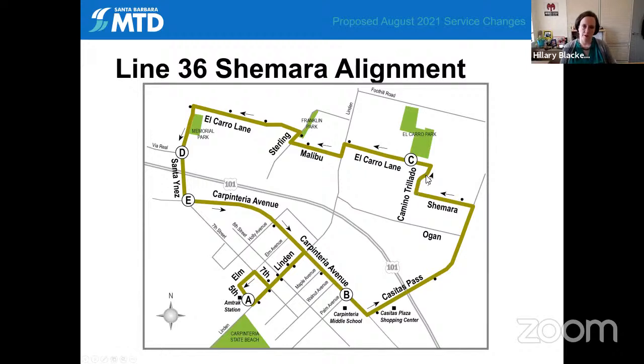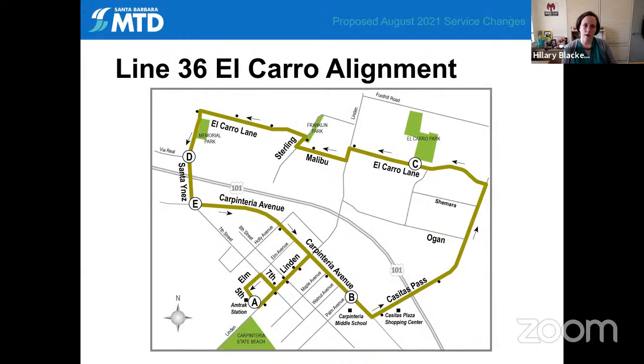And then it would go right on Camino Trigo, missing the stop there, since it's not possible to make it happen from that angle, and then left on El Carro. So this would lose the stop on Ogan, lose the stop on Camino Trigo, but it would add a stop on Shemara. The other alignment would be just going straight up to El Carro Lane and turning left, and then the next stop would be at El Carro Park.